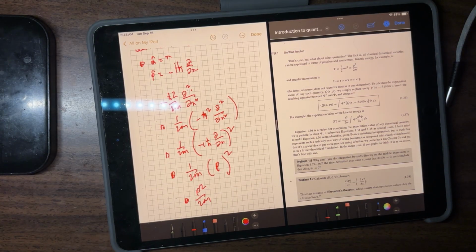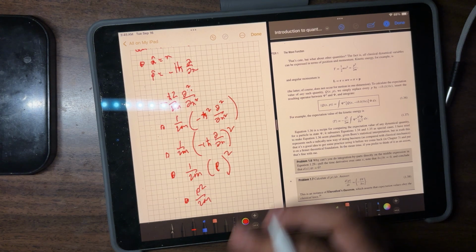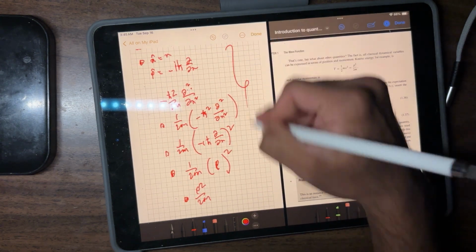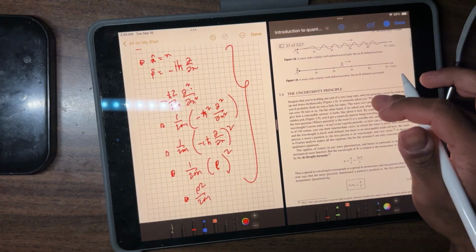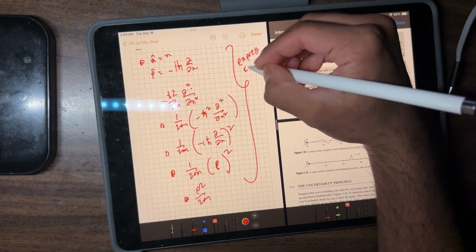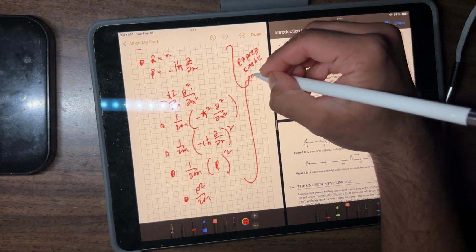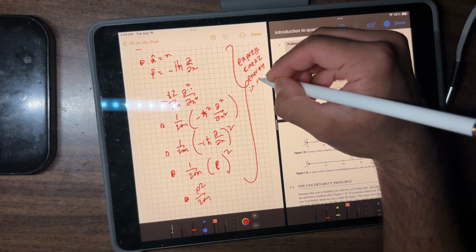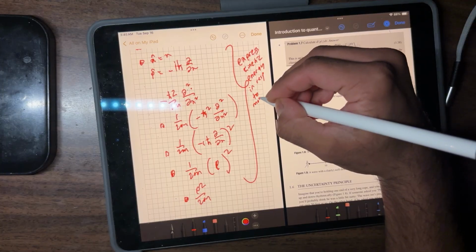So you can express the kinetic energy in terms of momentum.